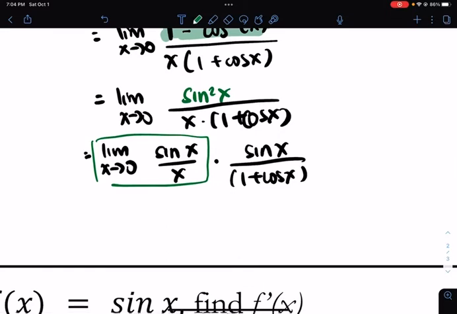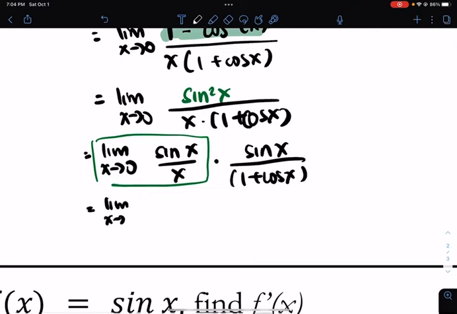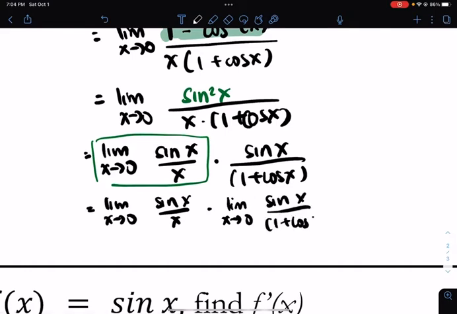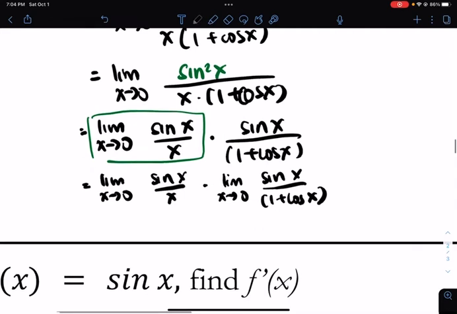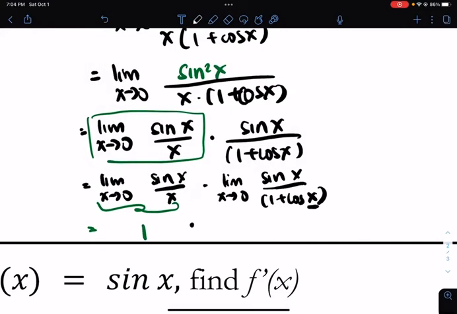And let's just separate the limits one by one. This will be 1, and we can also multiply by this limit as x approaches 0. And if you use direct substitution, what is cosine of 0?